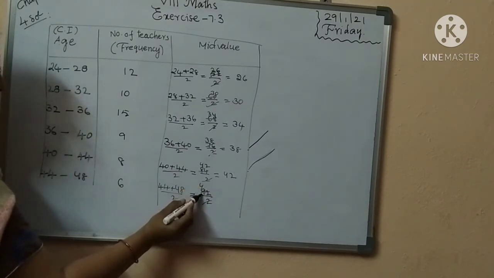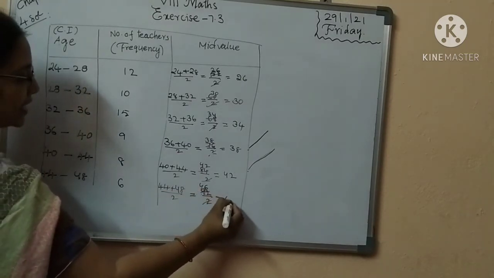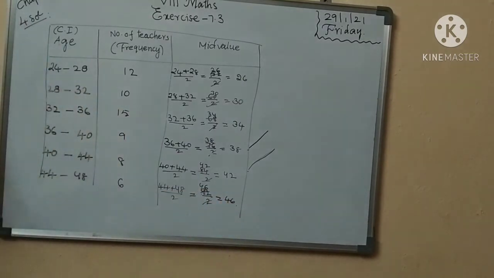The remaining 1 is there, 9 minus 8 is 1. 1 to 12, 6 2s are 12. That is 46. These are the mid values. Now let us start the graph. In this problem we have to draw two types of graphs: the frequency polygon with histogram, and the frequency curve. Okay children?